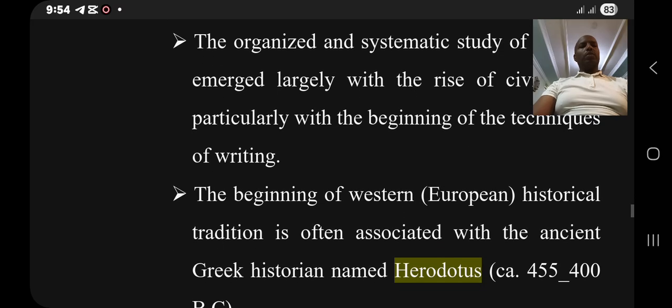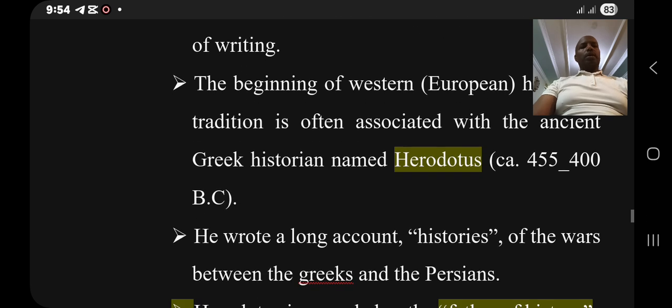The beginning of the Western European historical tradition is often associated with the ancient Greek historian named Herodotus, who lived from 455 to 400 BC. Herodotus wrote a long account, or histories, of the wars between the Greeks and the Persians.